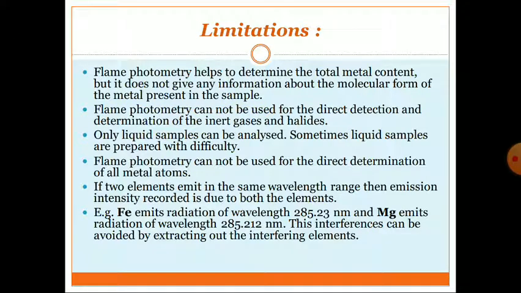That means the flame photometer is useful only to detect the element, but the chemical formula of that metal will not be detected by it. Second, flame photometry cannot be used for the direct detection and determination of halides. That means the flame photometer will fail while detecting the halides.